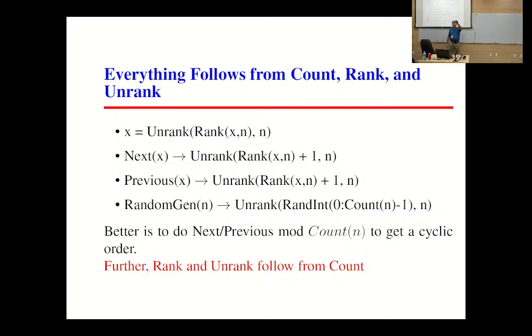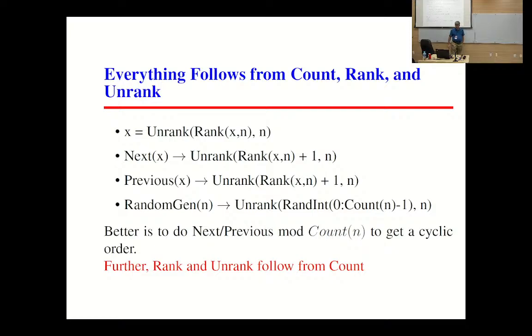This is what might be going on inside the next permutation operation he talked about, not necessarily what's going on. Previous would be the same thing with a -1 here, but I made a typo. It should be a -1 there and not a +1.